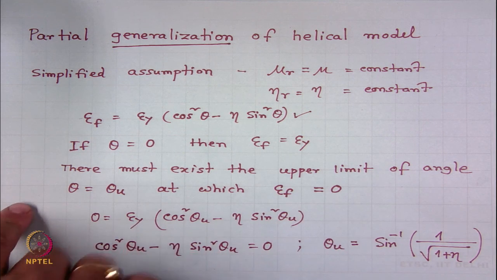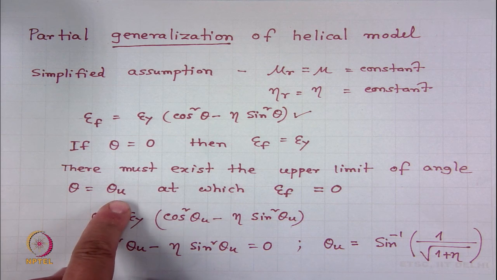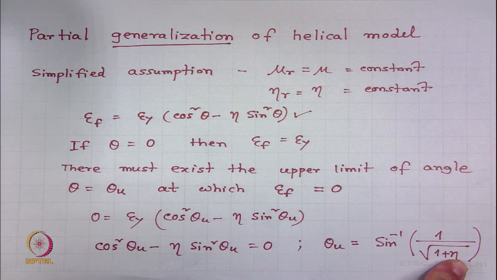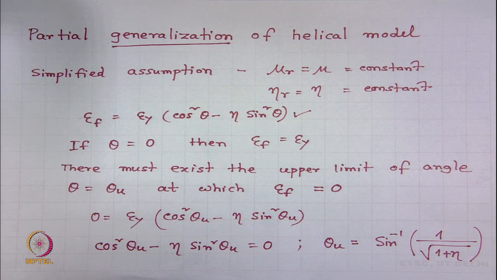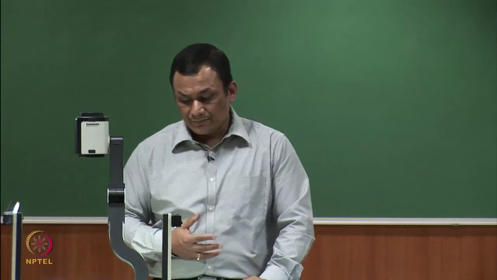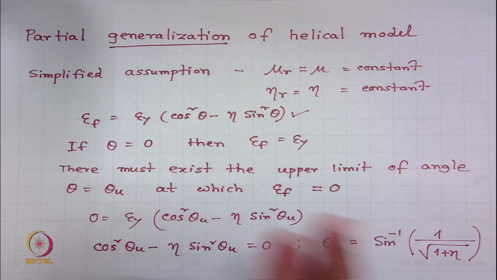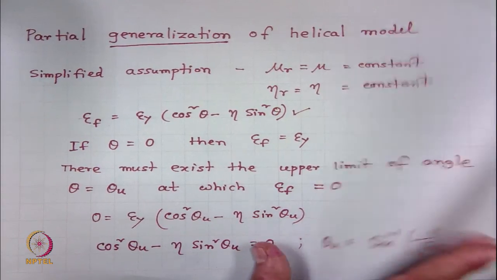That angle is theta subscript u, the upper limit. This obviously generates a question: what will happen if this angle theta is greater than this angle, but less than or equal to pi by 2?